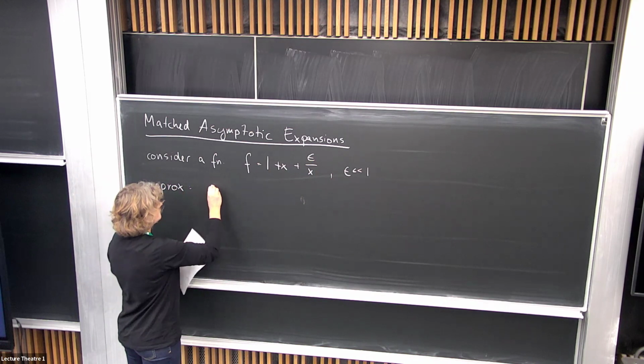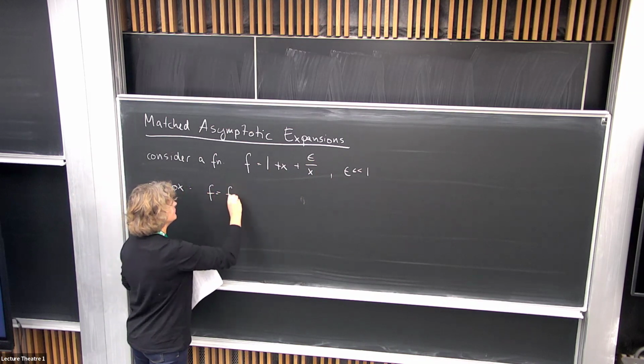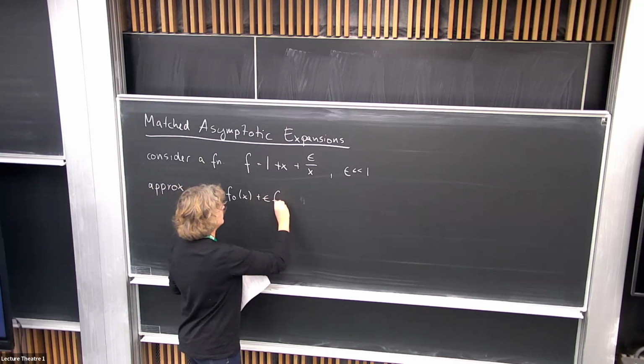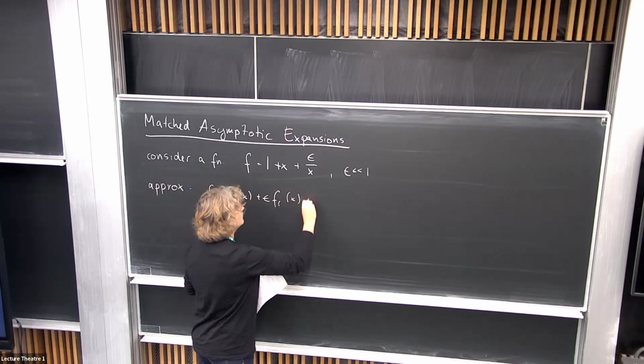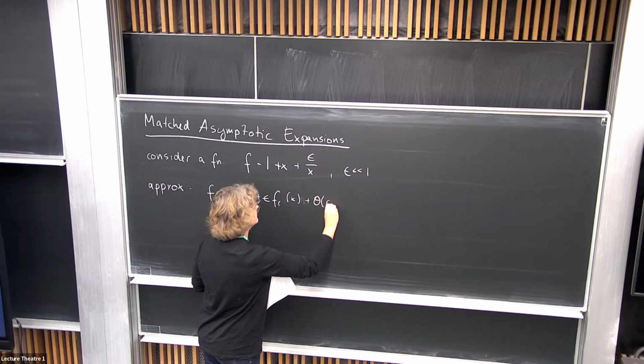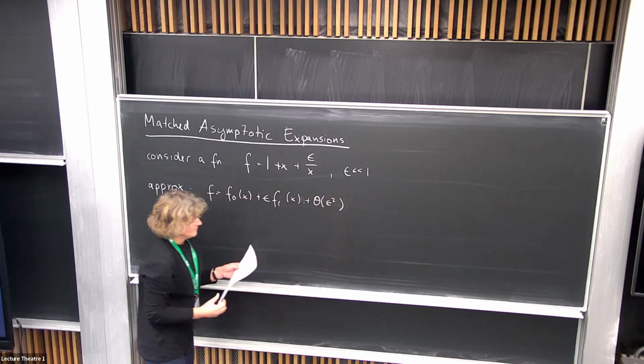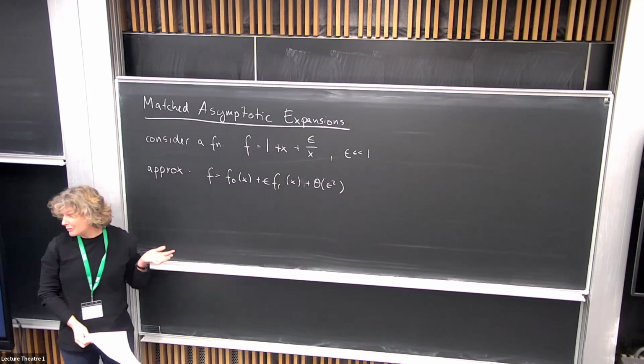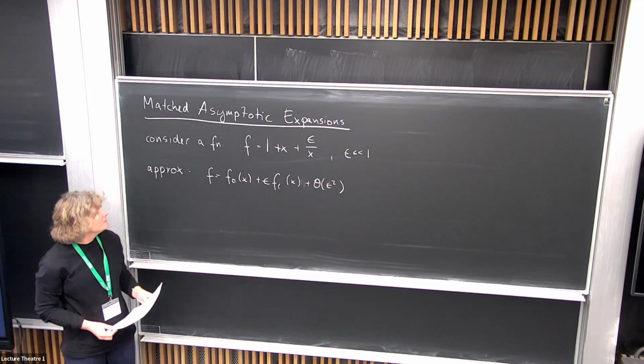We would start with f is some f0 of x plus epsilon f1 of x plus order epsilon squared. This is the first thing you would try to approximate this function.